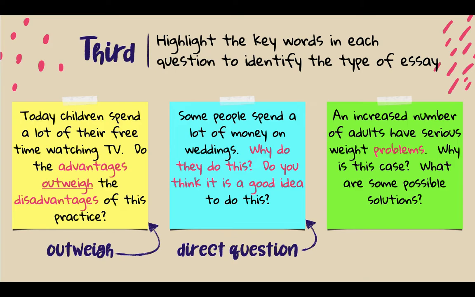However, if we read it closely, we can see the questions. Why is this the case? And what are some possible solutions? So this, in fact, is a cause-solution essay. Okay? So you can see it can be a little bit difficult sometimes, but it's always worth it to identify the keywords and they will tell you what type of essay to write.